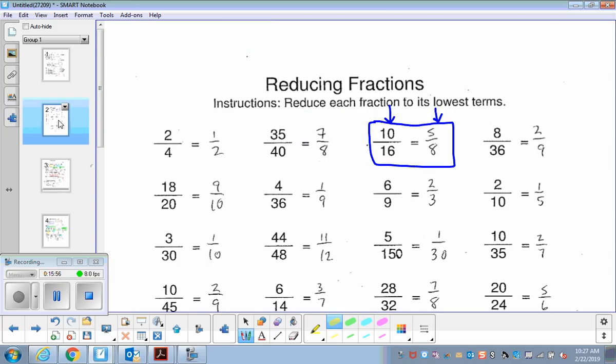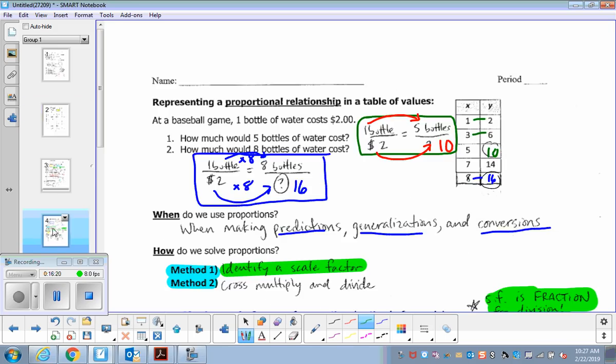Back on page 2, you filled in and reduced a fraction, and there's 4 numbers there. What we're basically doing now is pretending that we don't know one of the numbers. We don't know that number right there should be a 5. So we're going to say, well, 16 times a half is 8. So 10 times a half means that has to be a 5. That's what we're doing right now.